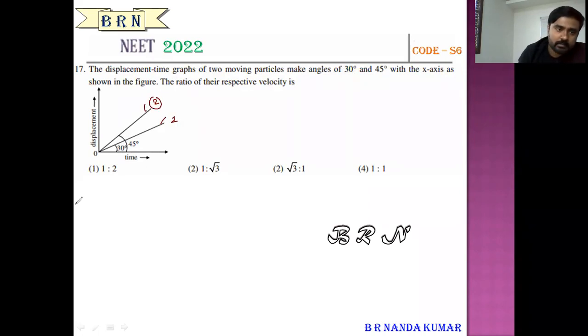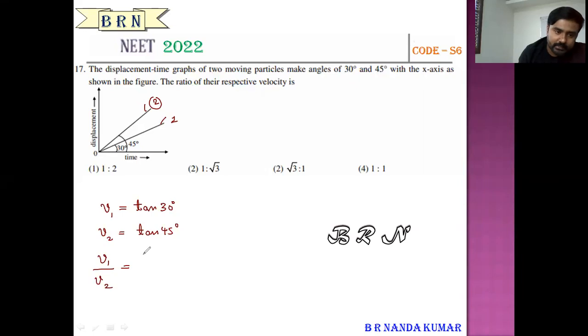So for the first line, if we take the slope we get the velocity, so v1 is equal to tan theta 1, tan 30°, and v2 is equal to tan. Slope is nothing but tan theta. For the second straight line, if we take the slope, we get tan 45, right?